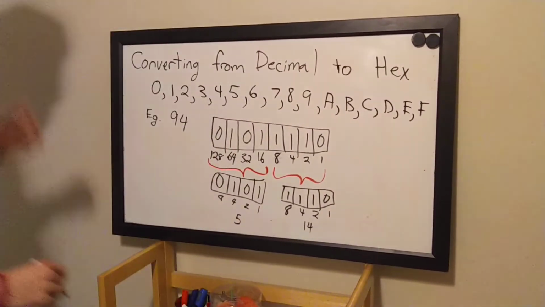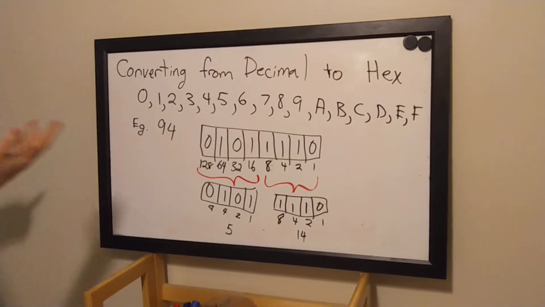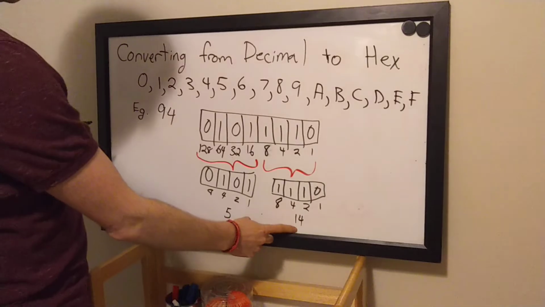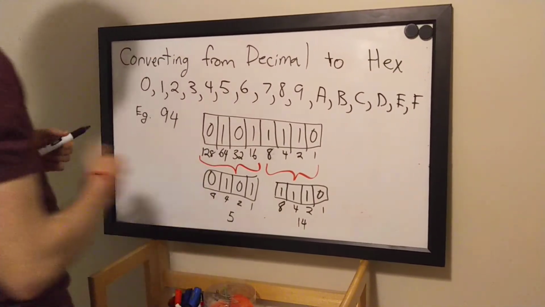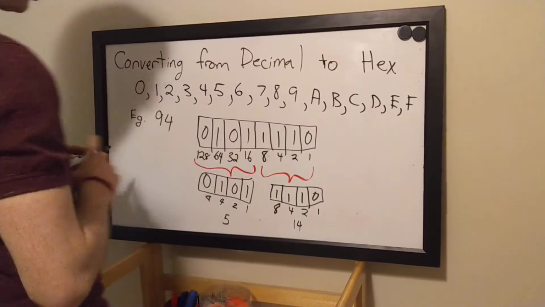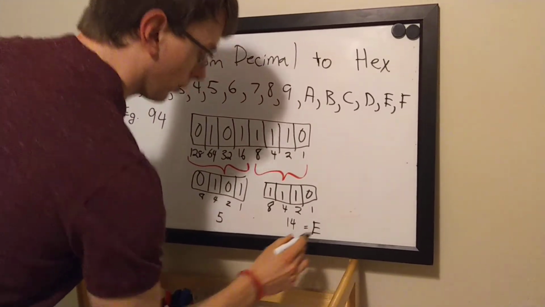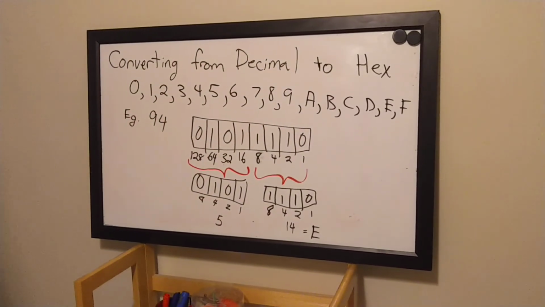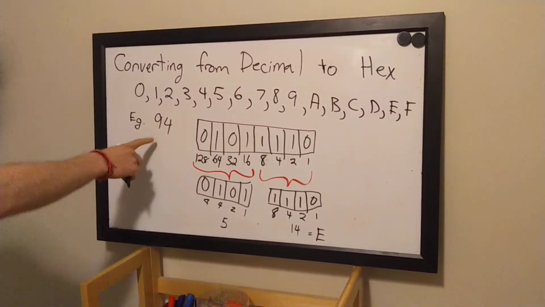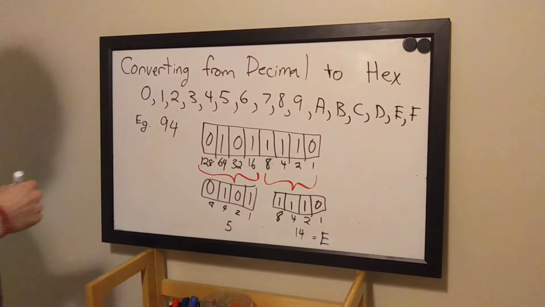Now like I said before, for any number 10 or greater, we will change this to a letter. So in this case 14, this would be 10, 11, 12, 13, 14, so that's going to be the letter E here. Okay, so kind of running out of room here, but our final number, 94 in hex, will be these 2 digits put together.